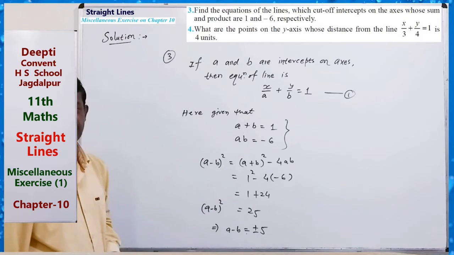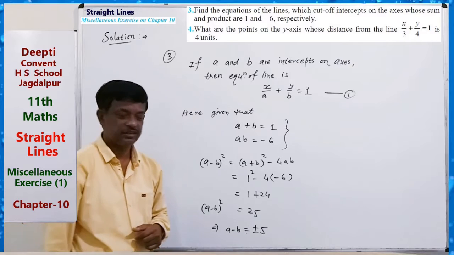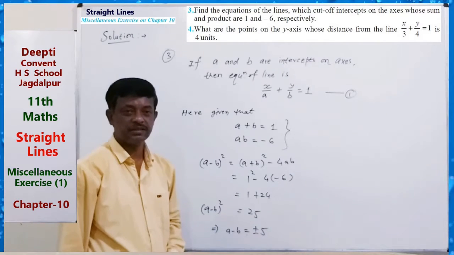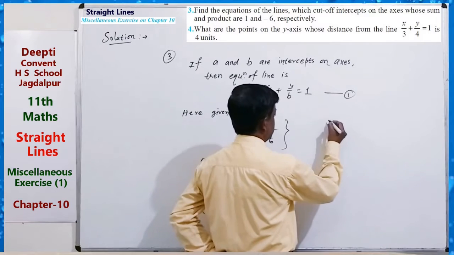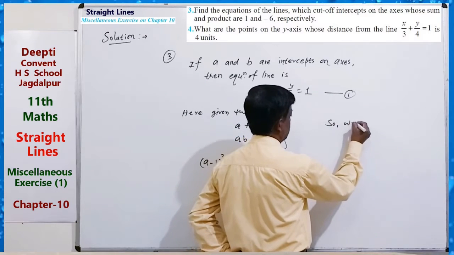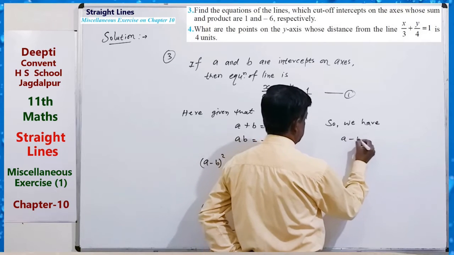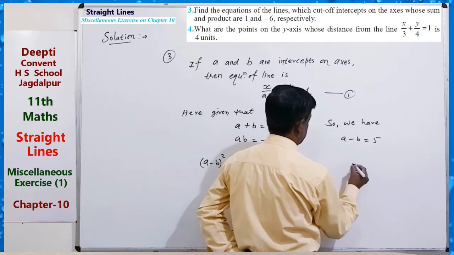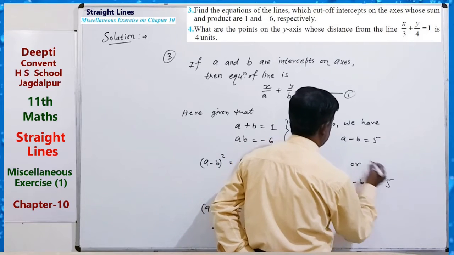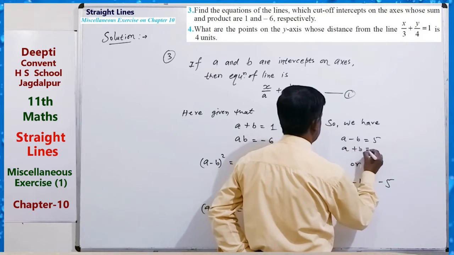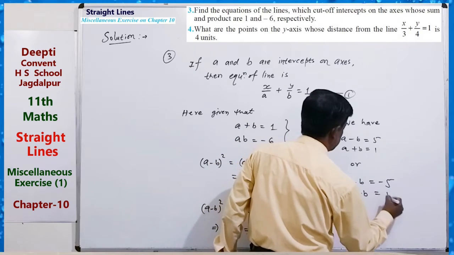So we have two sets of linear equations, one time taking the plus sign, one time taking the minus sign. So we have a minus b equals plus 5, or a minus b equals minus 5, with a plus b equals 1 here and a plus b equals 1 here.